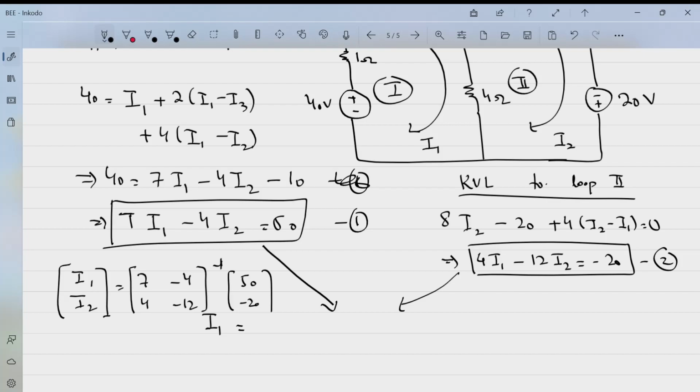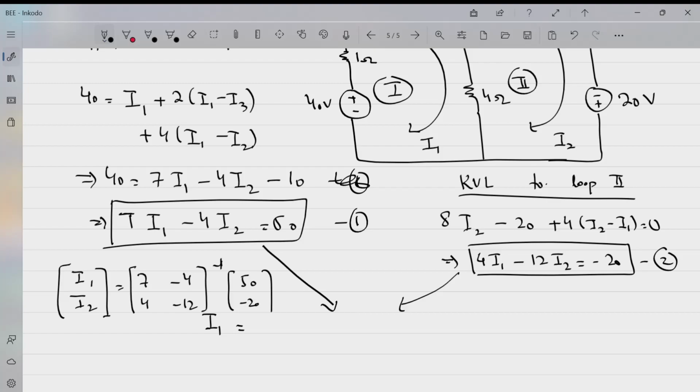सर मेरा I1 आ रहा है 11, I2 आ रहा है 6.25. सर I1 10 होगा. Yes sir, I1 10 है और I2 5 है.